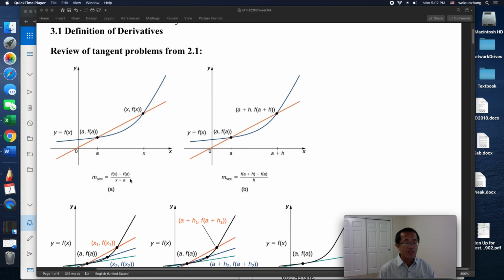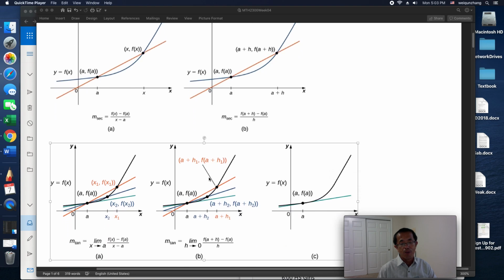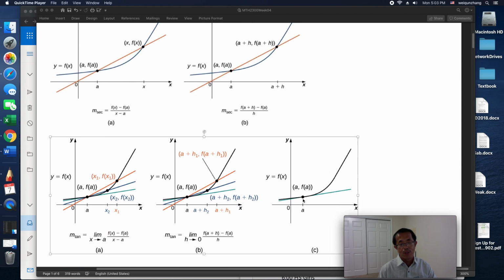So what we discussed before is, to find the slope of the tangent at this point, if you look at the lower part of the chart here, this is the situation we are studying. There is the green line, a tangent line, and it touches the curve exactly at one point.